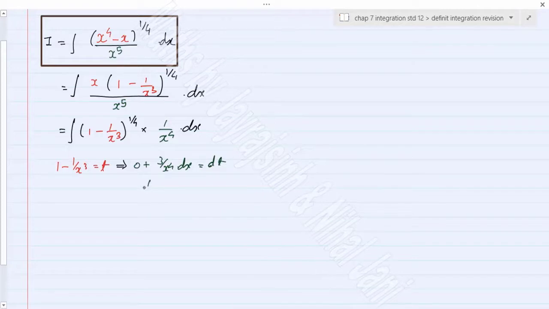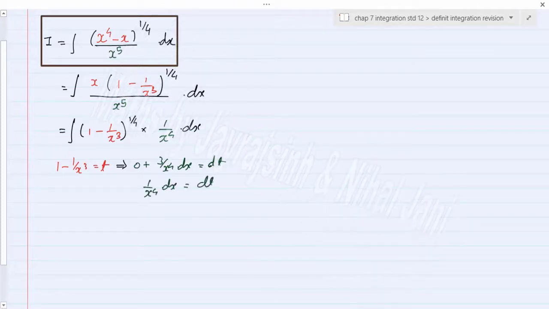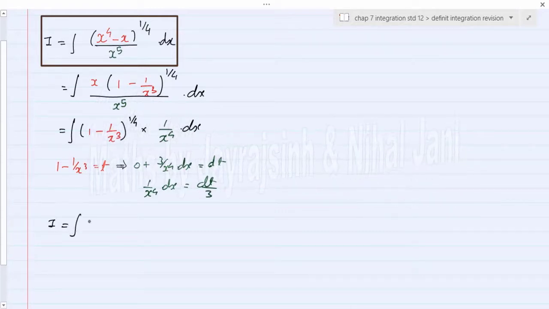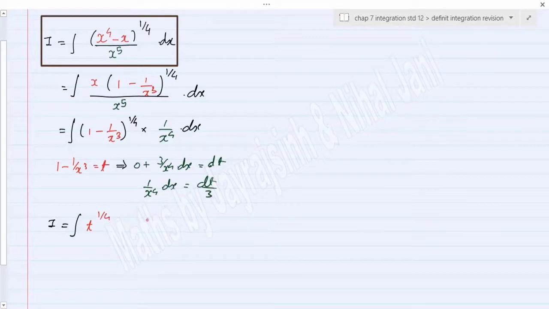Or we can say 1 upon x raised to 4 dx is nothing but dt by 3. So we are ready to modify our integration. Bracket raised to 1 by 4 will become t raised to 1 by 4, and 1 upon x raised to 4 dx will become your dt by 3.